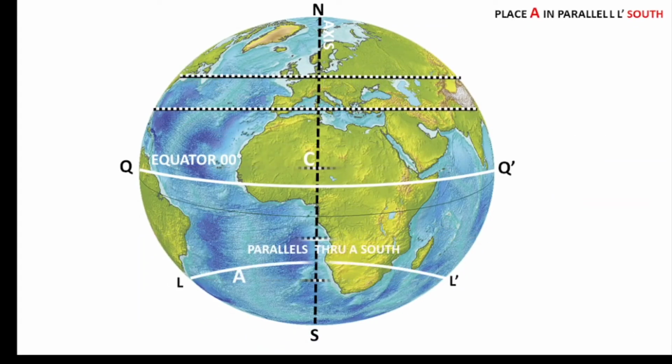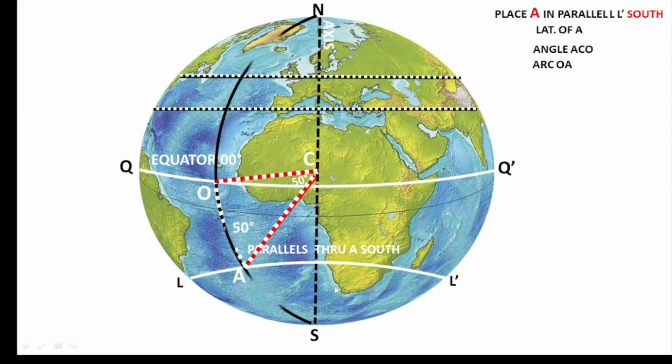I'm taking up two latitudes in different hemispheres. A, parallel south, and you define it as the angle at the center of the earth or arc of the meridian. So taken as 50 degrees south.